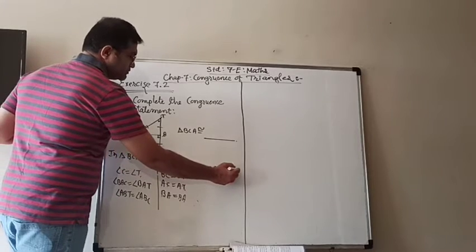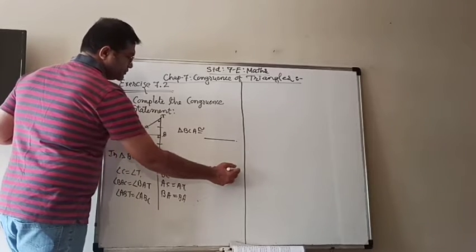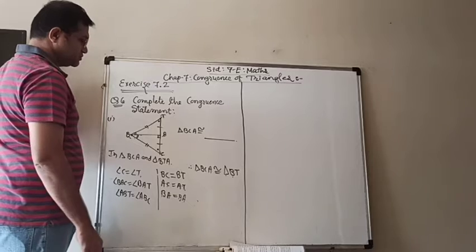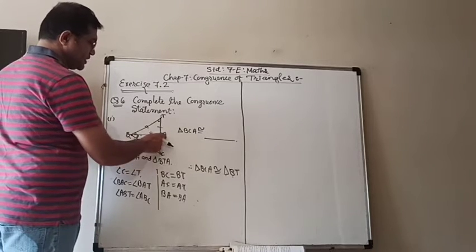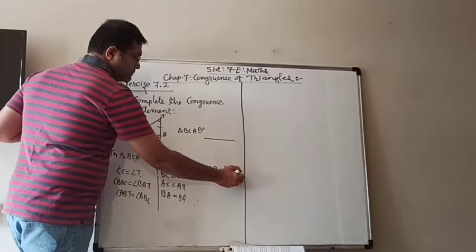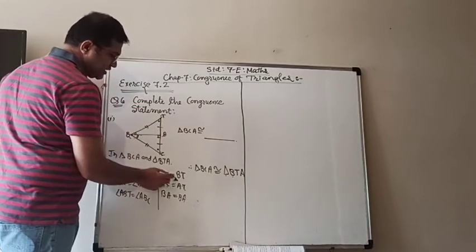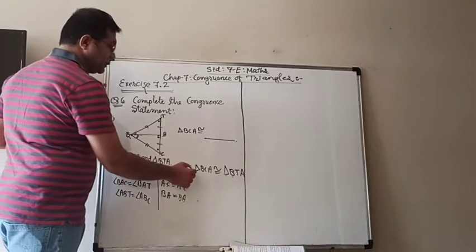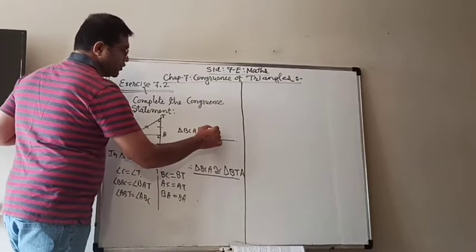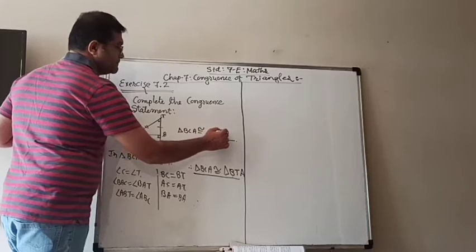So with C in the middle, there will be T. And what is remaining? BTA. So triangle BCA is congruent to triangle BTA because AAA is here and here also AAA.